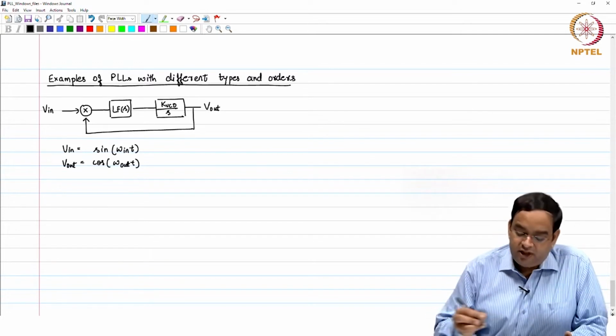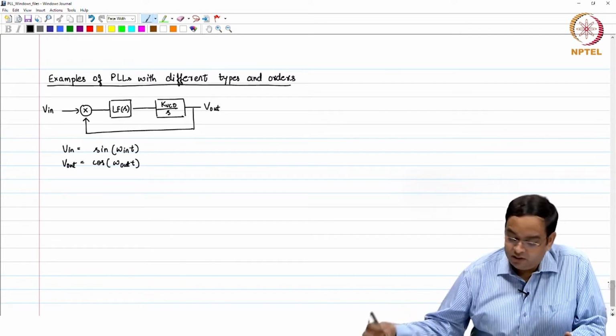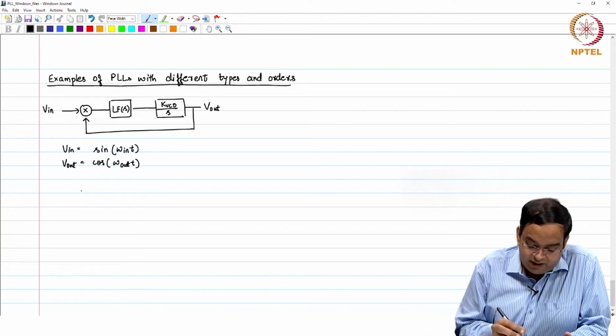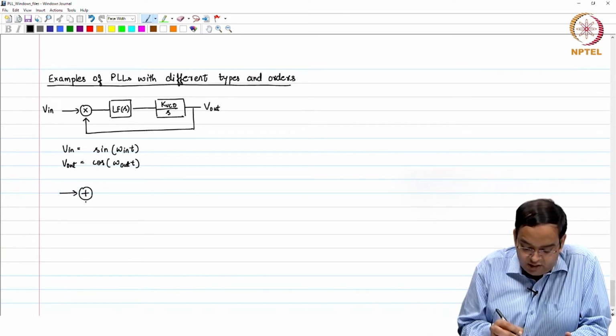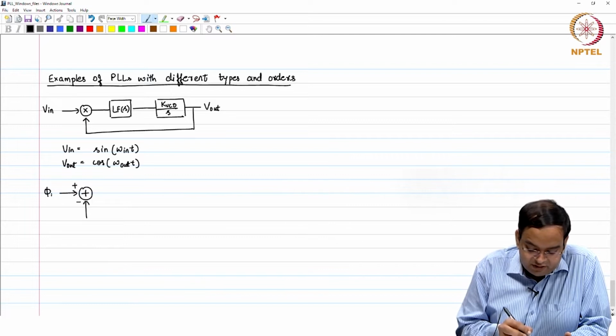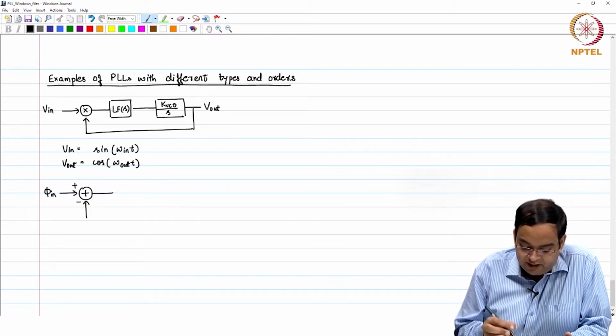Okay. We drew the small signal model of this particular PLL, and the small signal model of the PLL is shown here. You have the phase error detector with input phase phi in and feedback phase.